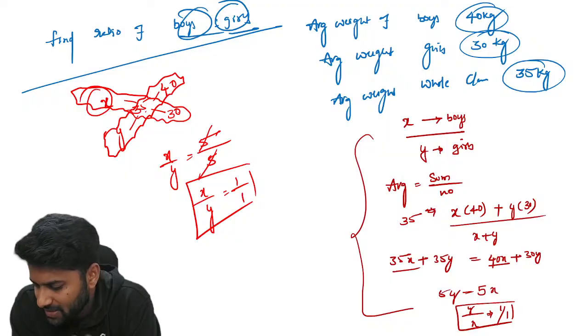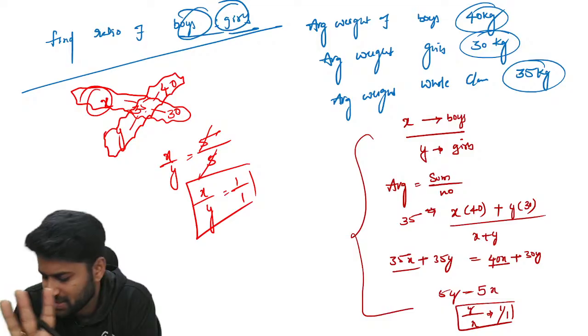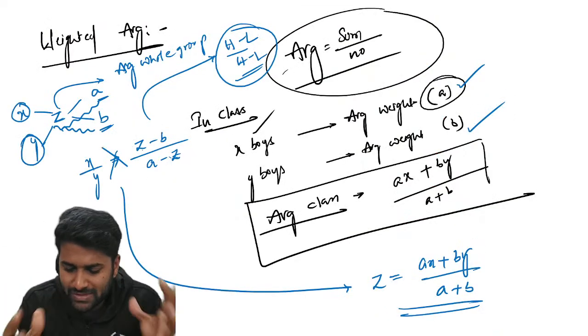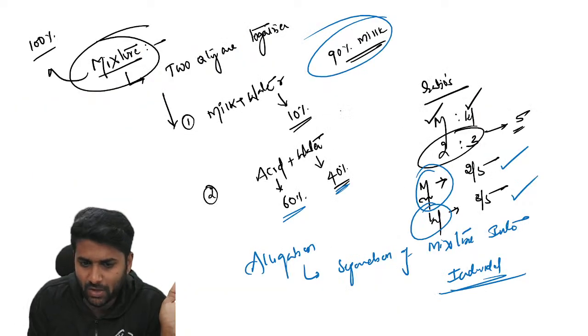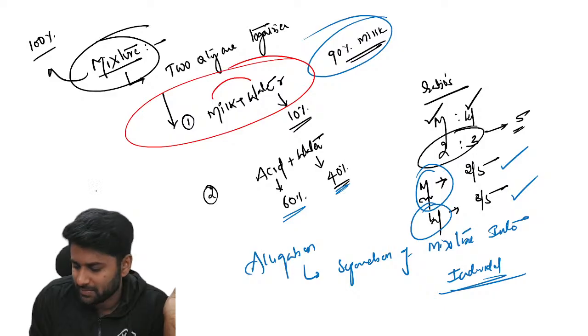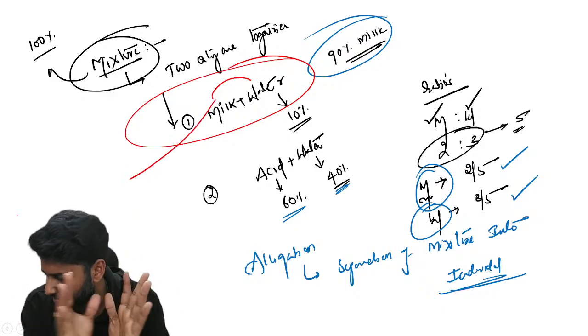If you have any individual information and group information, apply the concept of alligation mixtures. In a mixture, try to separate the information. Understand how we are going to separate. In any mixture there are two different elements. If one element is 30%, the other element is definitely 70%.